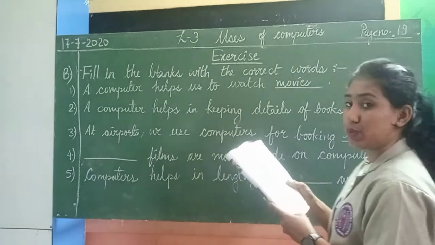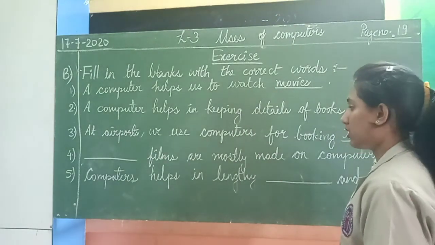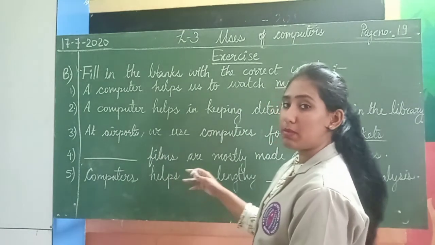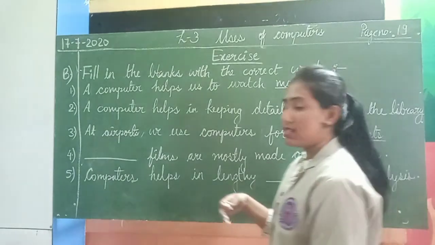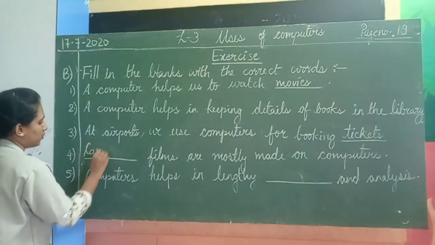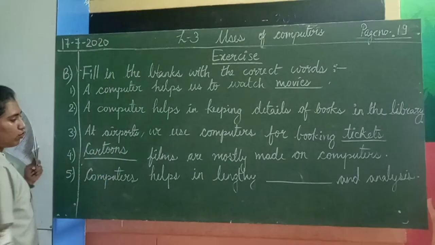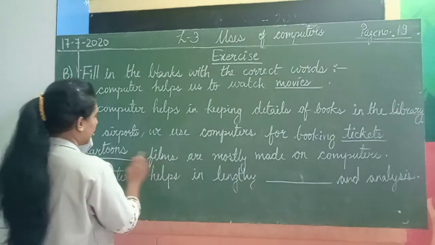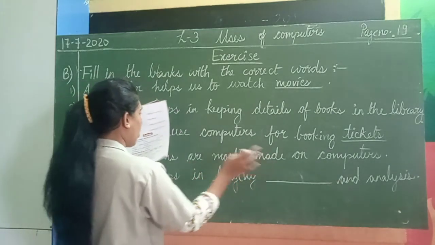So third में tickets. Now the fourth one, dash films are mostly made on computers. किस तरह के फिल्म्स हम कंप्यूटर यूज करके बनाते हैं? एनिमेटेड, ग्राफिक्स वाले, राइट? सो ये एनिमेशन और ग्राफिक्स किस में होते हैं? Cartoons. Okay. So write down cartoons in the fourth blank. Cartoon films are mostly made on computers.